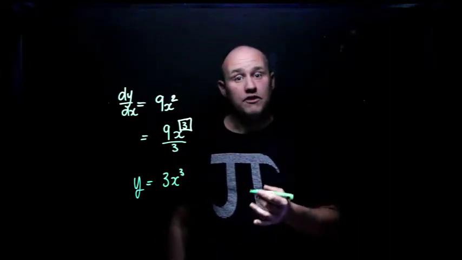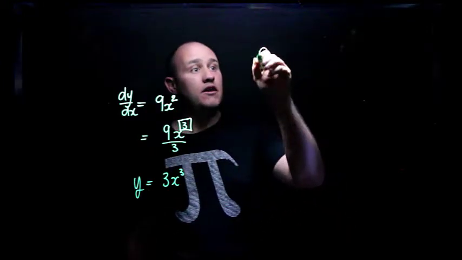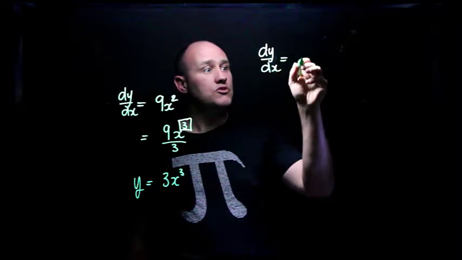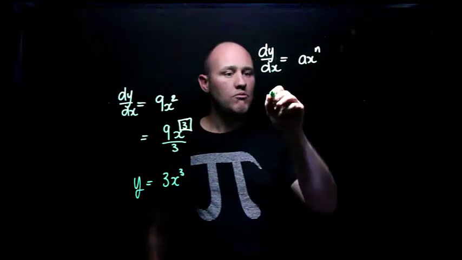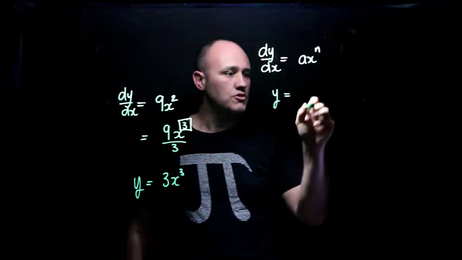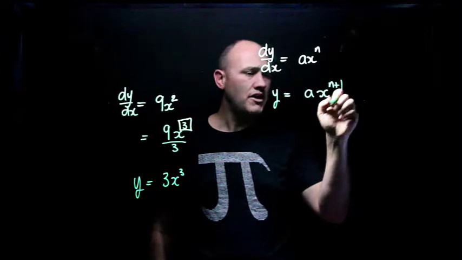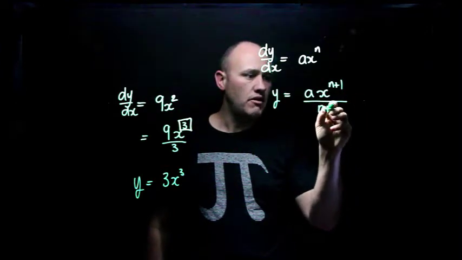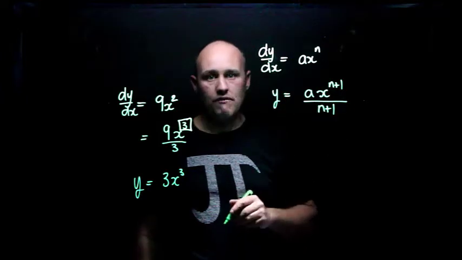So the rule is that if you want to anti-derive a polynomial, and you start with dy/dx equal to ax to the power of n, well, my y function will be equal to, the a stays, x to the power of n plus 1, I have to increase the power by 1, but now I have to divide by the new power, which is n plus 1. That will take me back to my original y function.